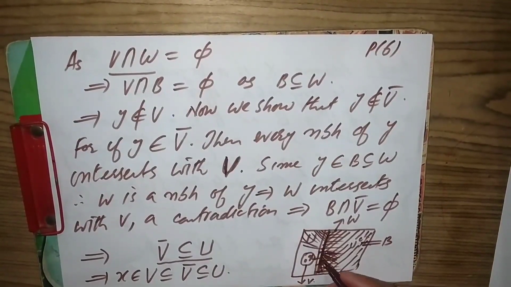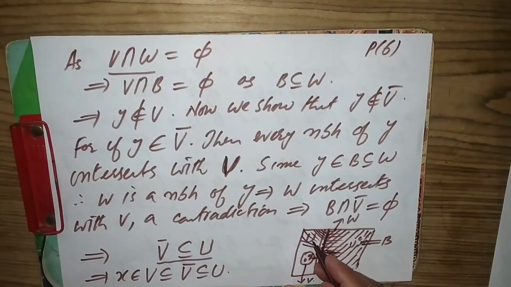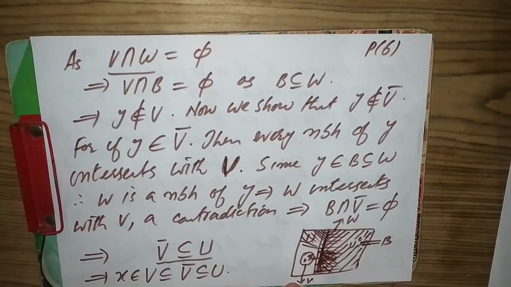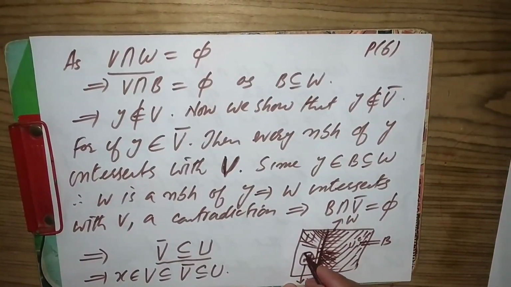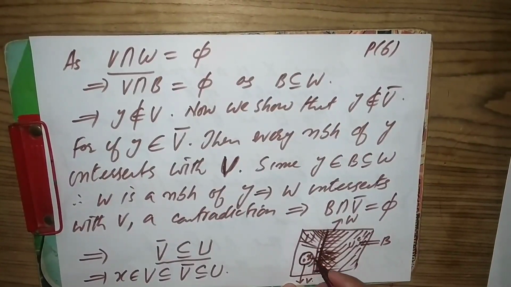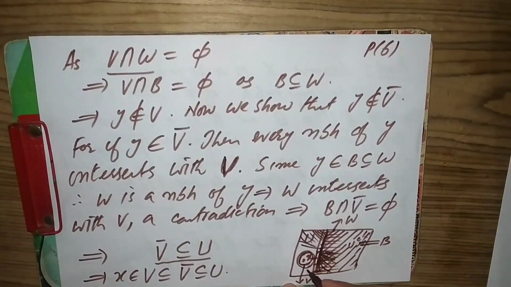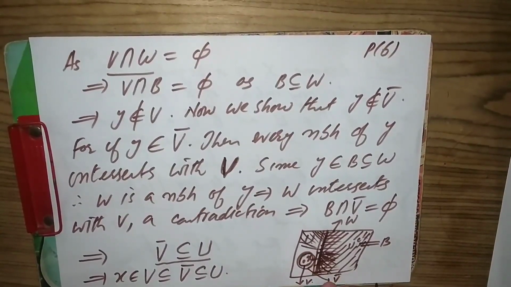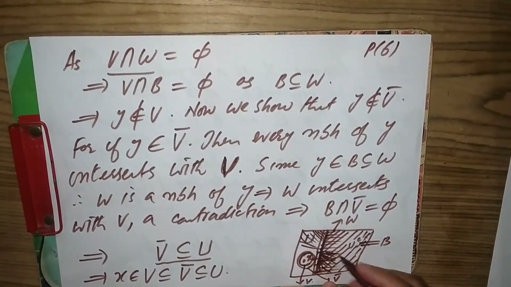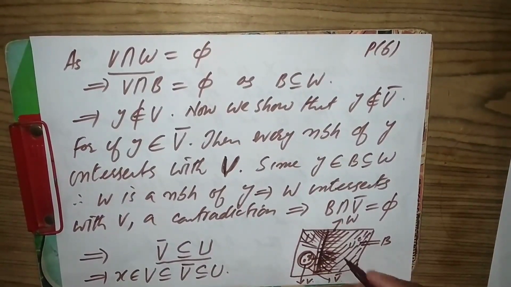V closure is bigger than V. Any member of V closure must be a member of U. For if possible, there is a member of V closure which is not a member of U, then that member must be a member of B, because that member must be outside of U.